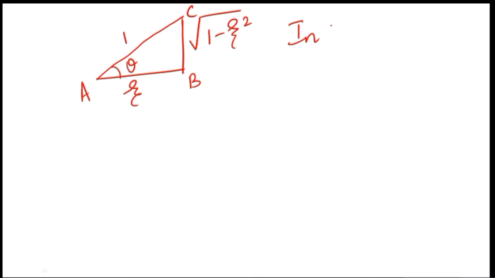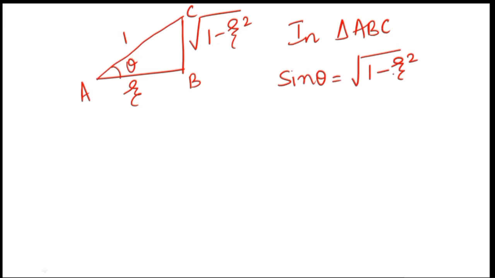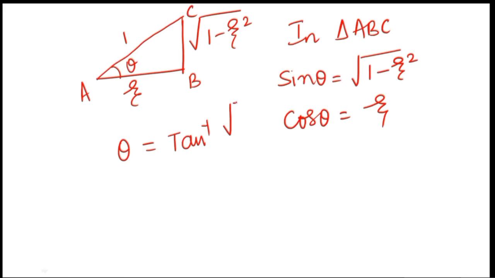So in triangle ABC, sin theta is equal to opposite side by hypotenuse. Opposite side is under root 1 minus zeta square, and cos theta is equal to zeta, where the value of theta is equal to tan inverse of root of 1 minus zeta square by zeta.